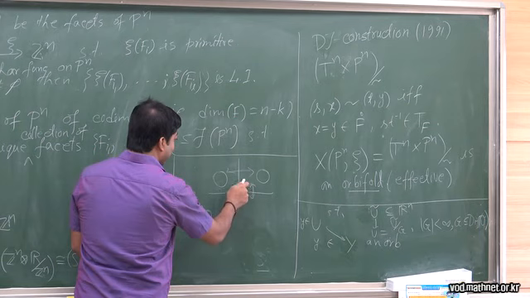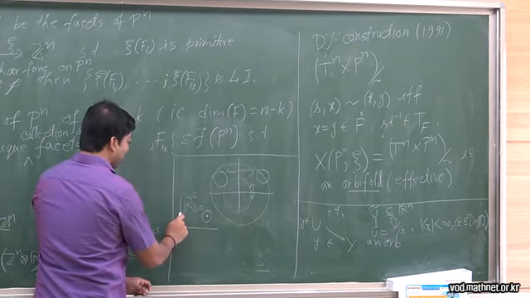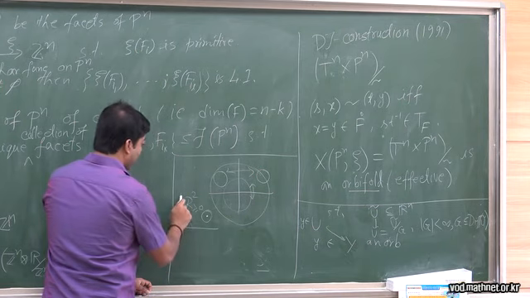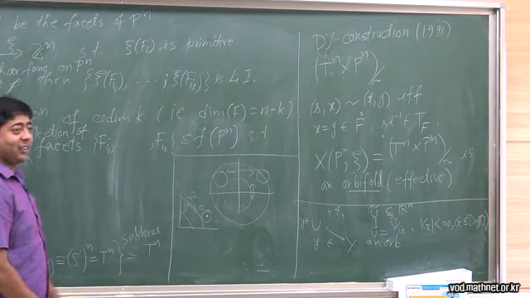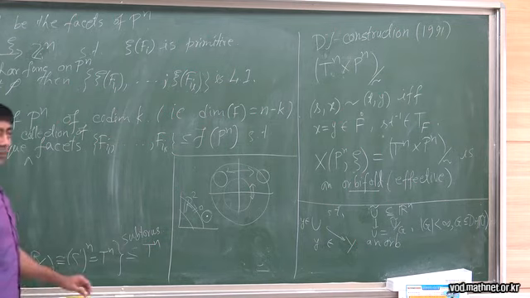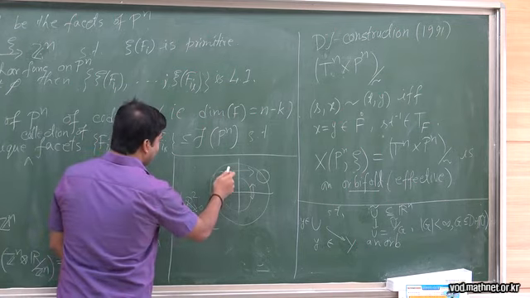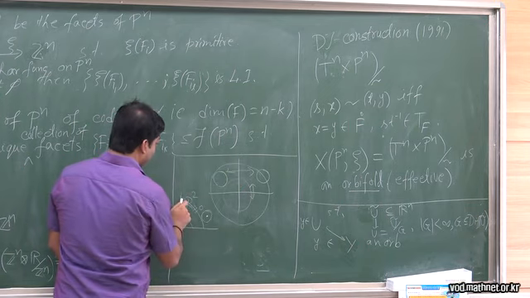So if we just take the annulus here, then it will become like this. It's got a boundary. If I take a quotient of the open annulus, the group action is reflection.